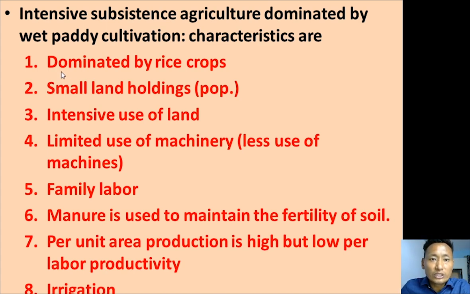Dominated means most of the time they are cultivating rice on a field. If a farmer is cultivating three crops on the same field in a year, then two or sometimes three times they are cultivating rice on the same field during one year. Next, small land holding.